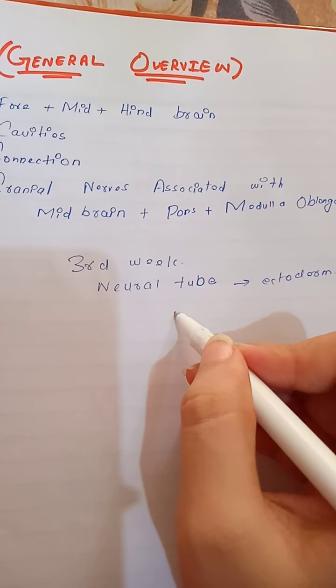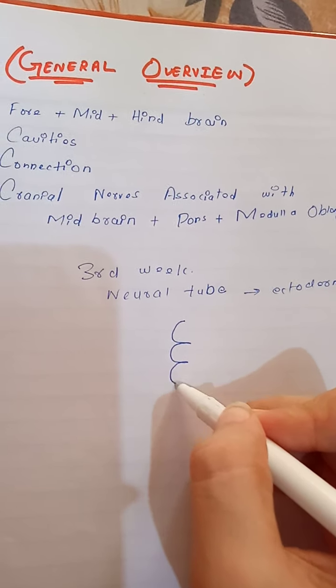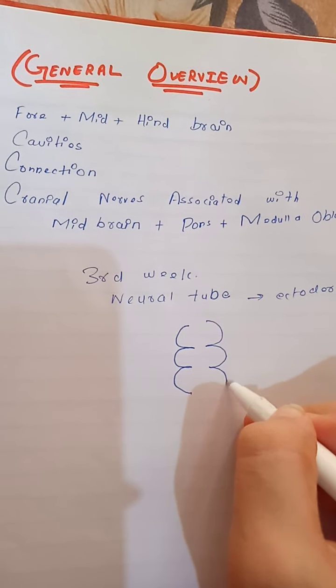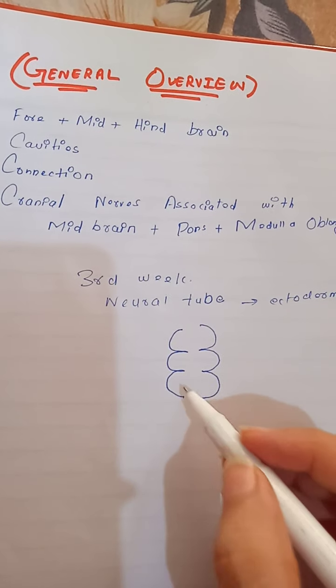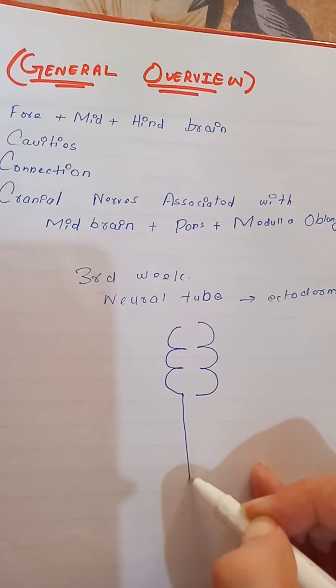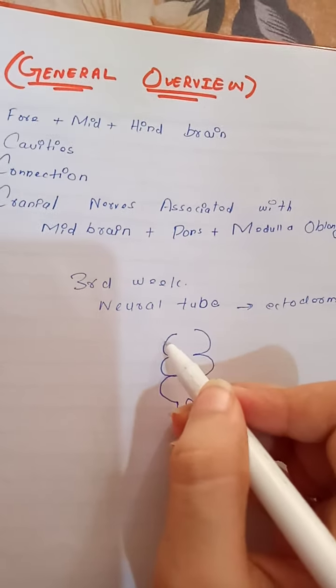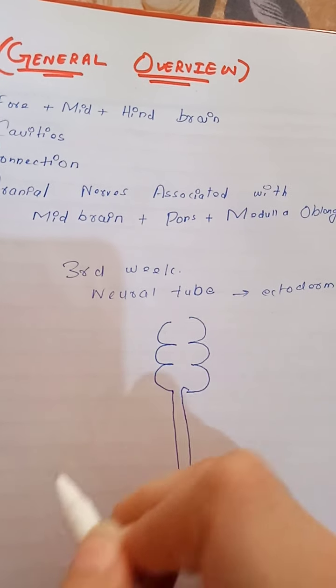The cephalic end of the neural tube will give three primary dilations and the caudal end will elongate. So these are the brain primary vesicles.